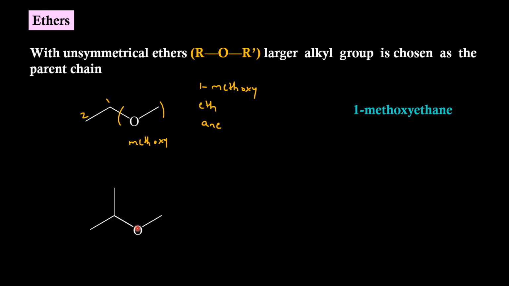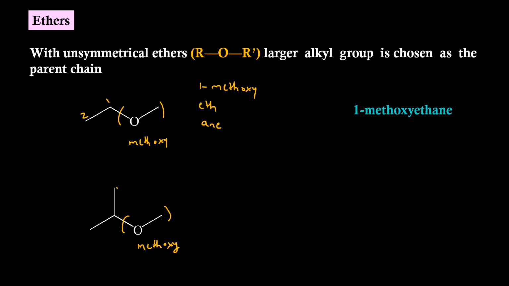If we take this molecule, this will be the larger bunch of carbon atoms. Here we have only 1. So this will be our parent chain and this whole thing will be our substituent. Let us put the substituent inside the bracket. Name of the substituent will be methoxy. Now while numbering the parent chain, we should try to give the lowest possible number to this prefix.